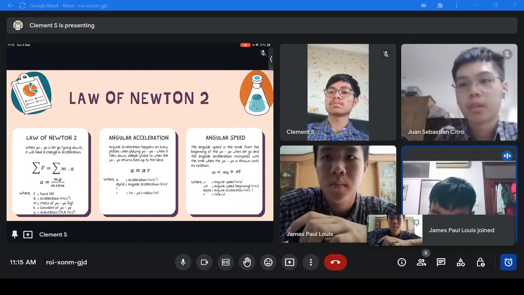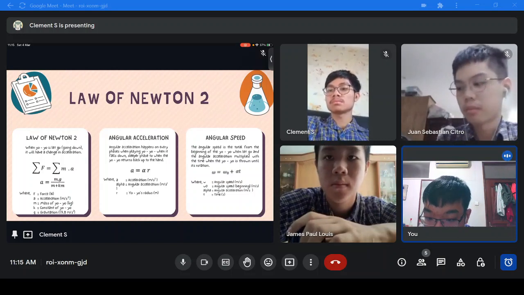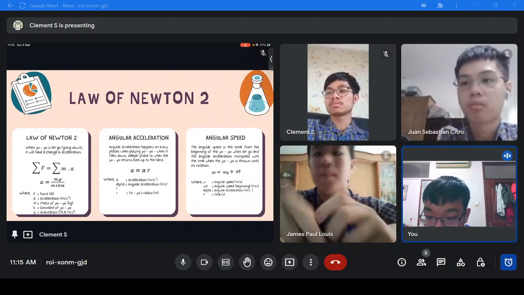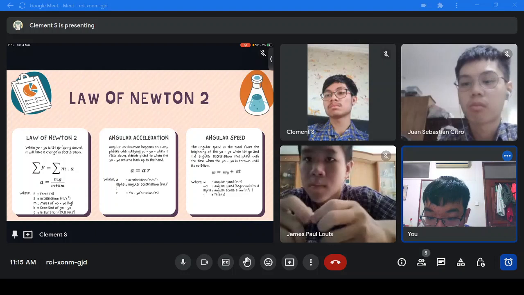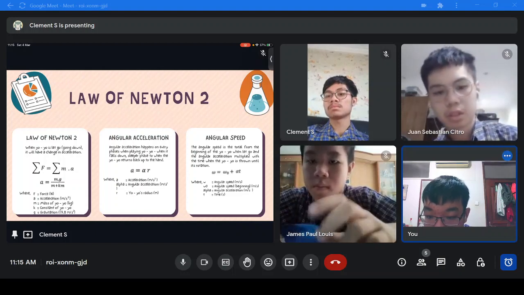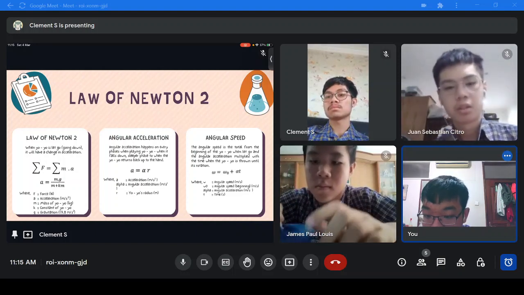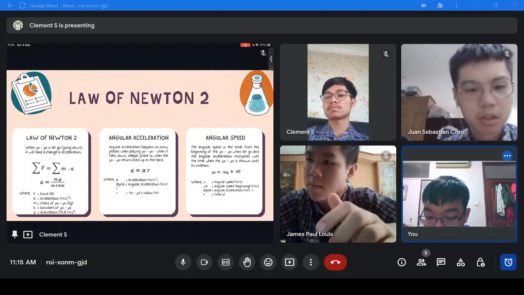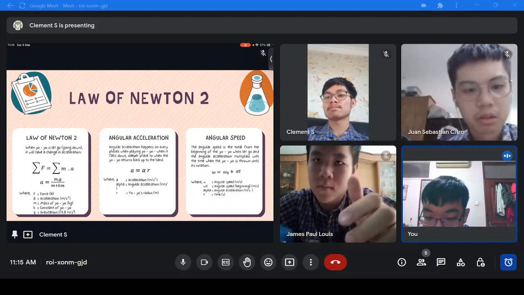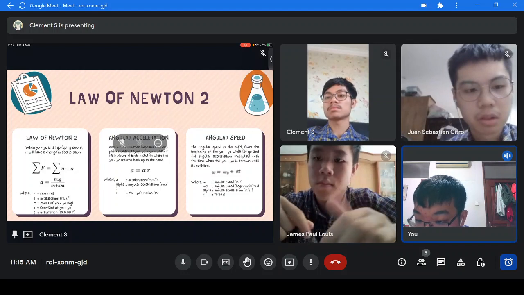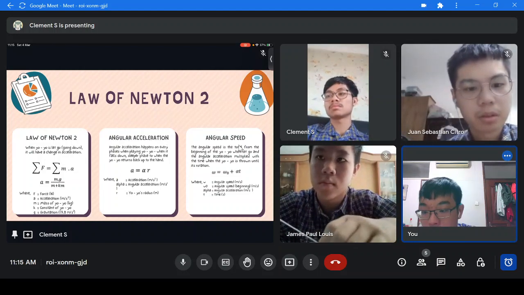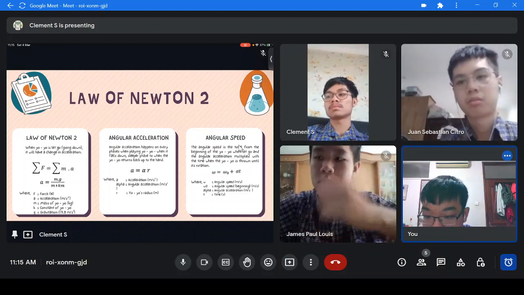The second one, to find the acceleration, you can use the formula m times g divided by m plus k times m. So F is force, a is the acceleration, m is the mass of yo-yo, k is the constant of yo-yo, and g is the gravitation.